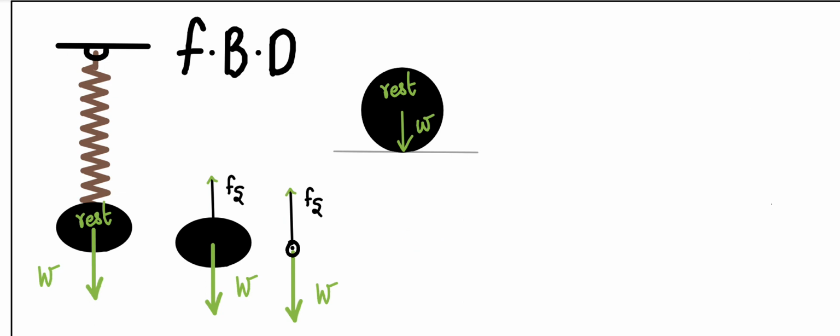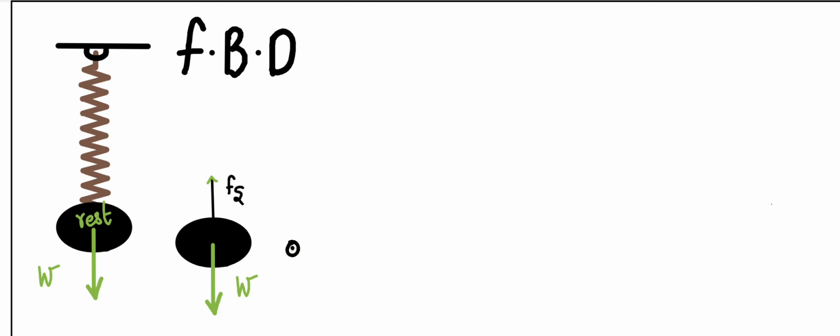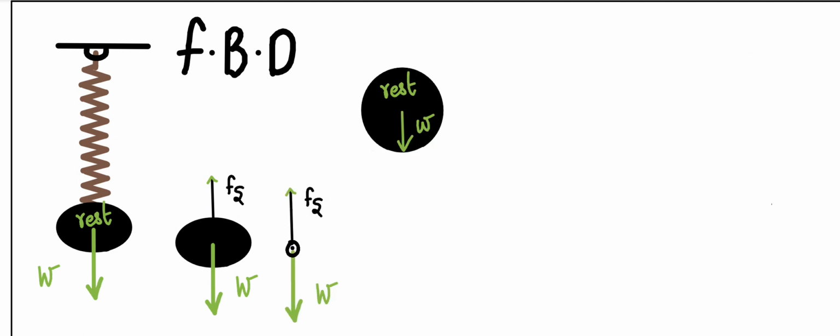So I would like to restate all the problems which we have considered. First, for example, here I know completely the weight, so it is fully specified in green color. Here I know the direction of the spring force, so I specified the arrow alone in green color, the remaining in black color. And also for the next case, when I draw the free body diagram, I am specifying the W, which is completely known, as green, and also specifying the reaction provided by the floor.